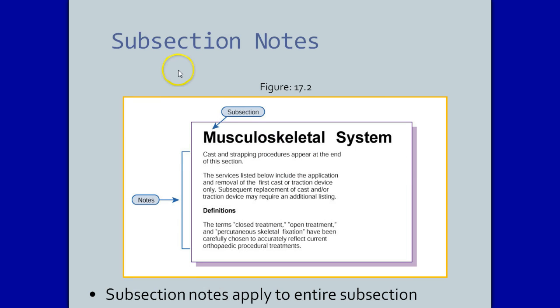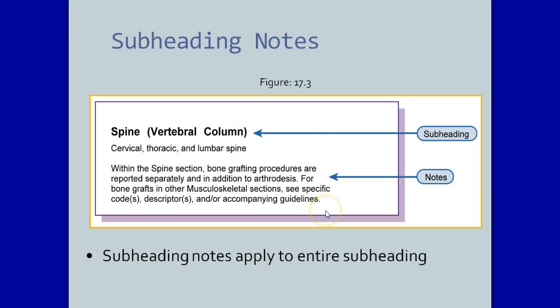Okay. So, subsection notes. We're under musculoskeletal. All of this information right here applies to the entire musculoskeletal system. Subheading, the spine and vertebral column. All of these rules right here apply to anything listed under the spine.